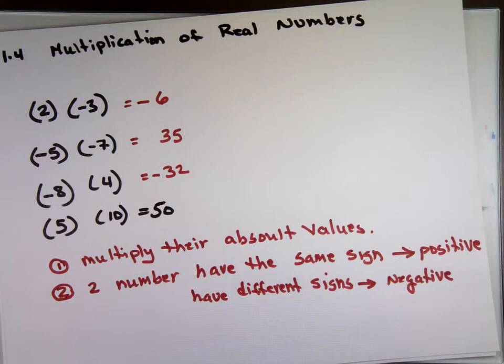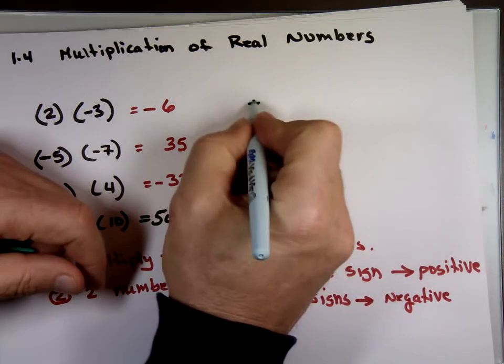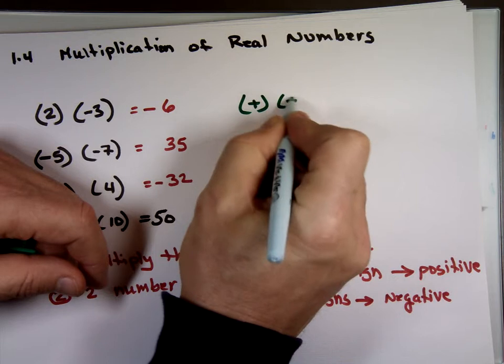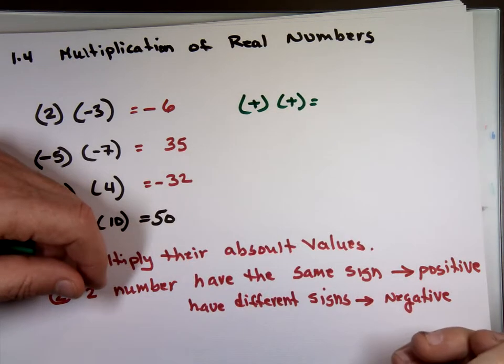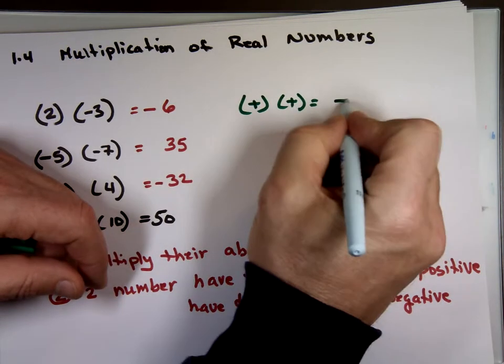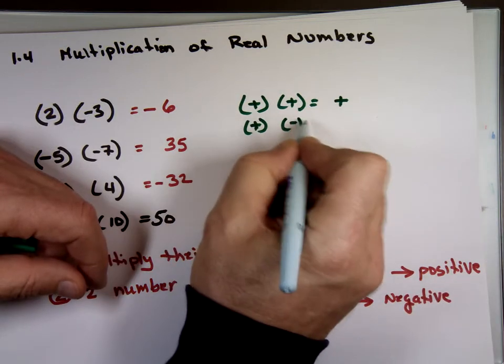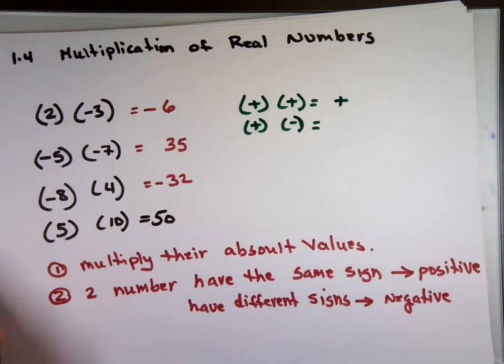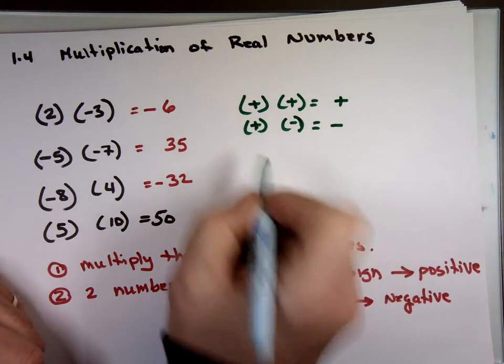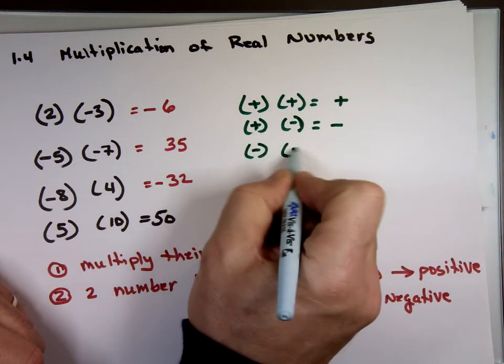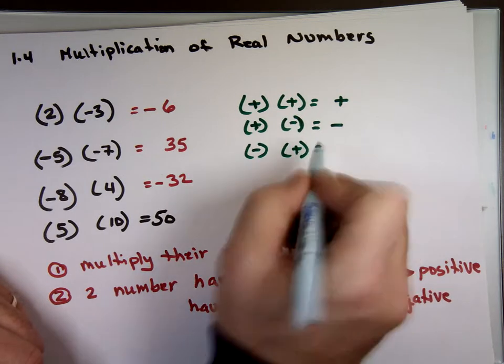So here's what you have to remember. If you have a positive times a positive, are they the same sign? Yes, what's the result? Positive. A positive times a negative, are they the same sign? The result is negative. A negative times a positive, same sign? Negative.